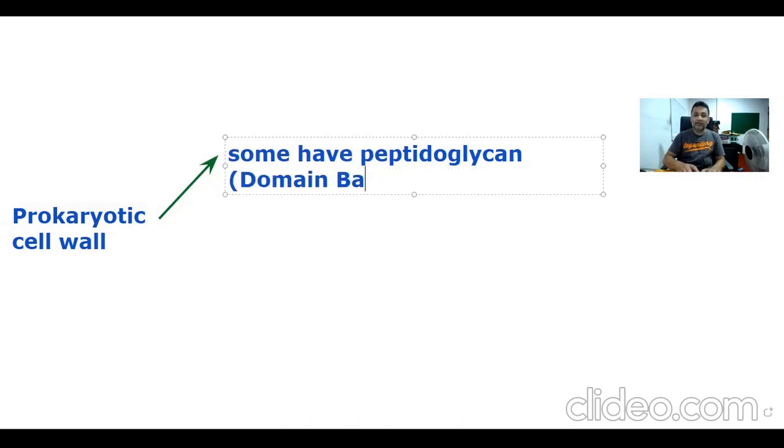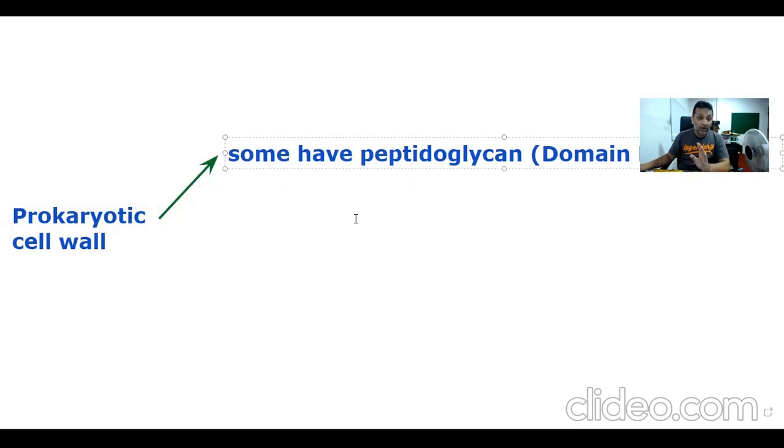The example is domain bacteria members. Domain bacteria members have peptidoglycan as their cell wall component.